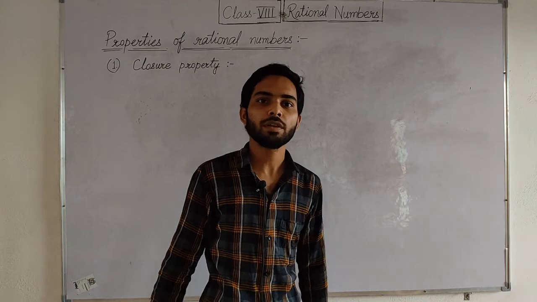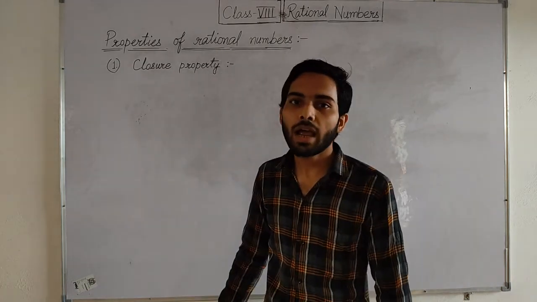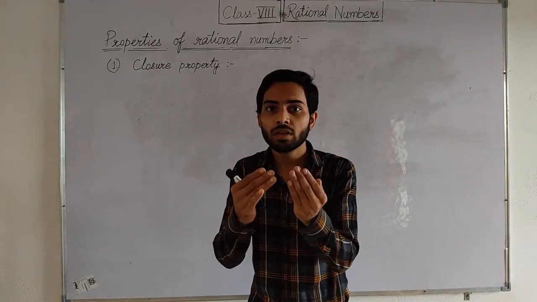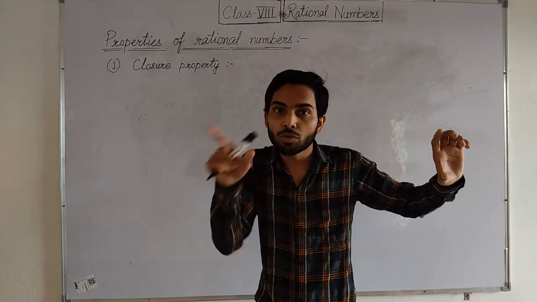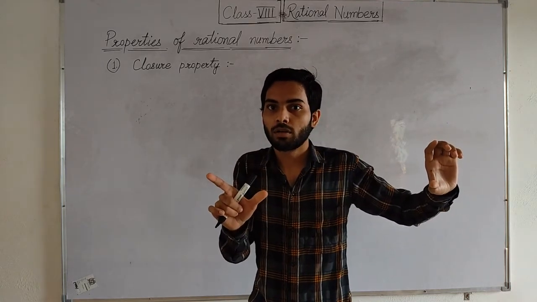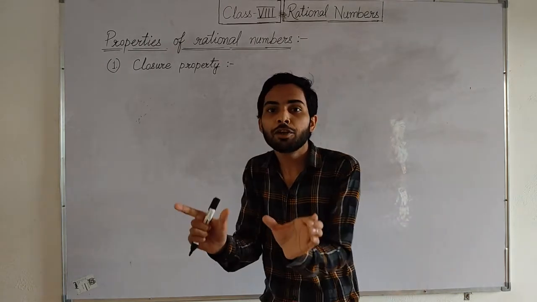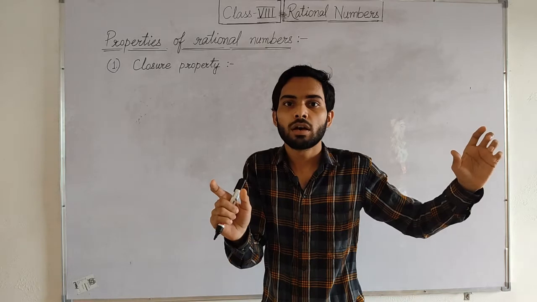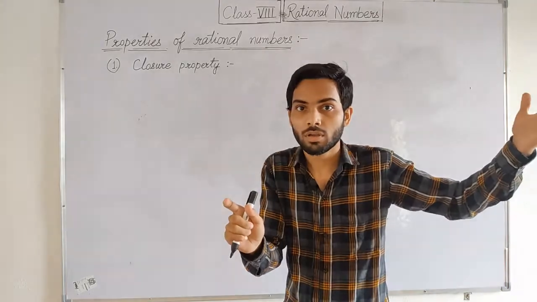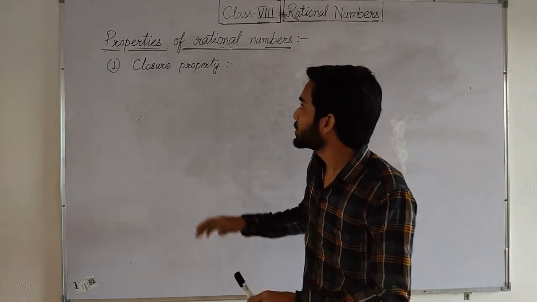This property says that if we add any two numbers, then the number which is obtained is similar to those numbers or not. For example, if we are adding two rational numbers, will we get a rational number or some other number?